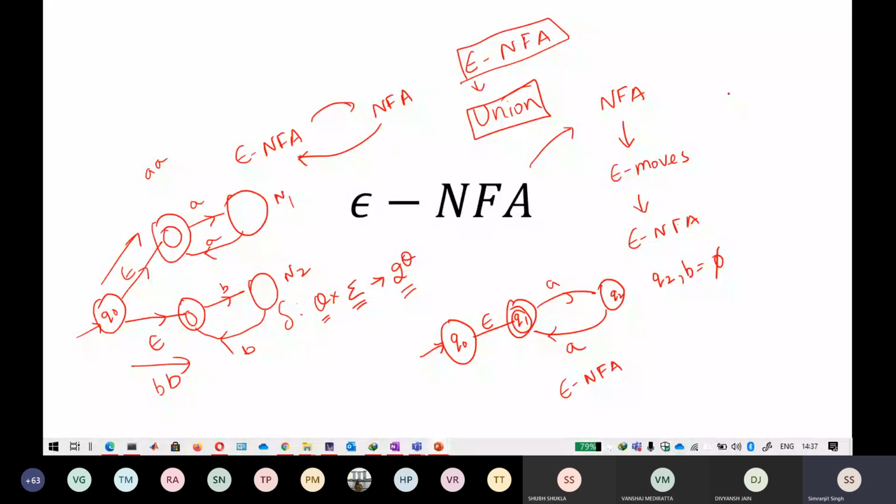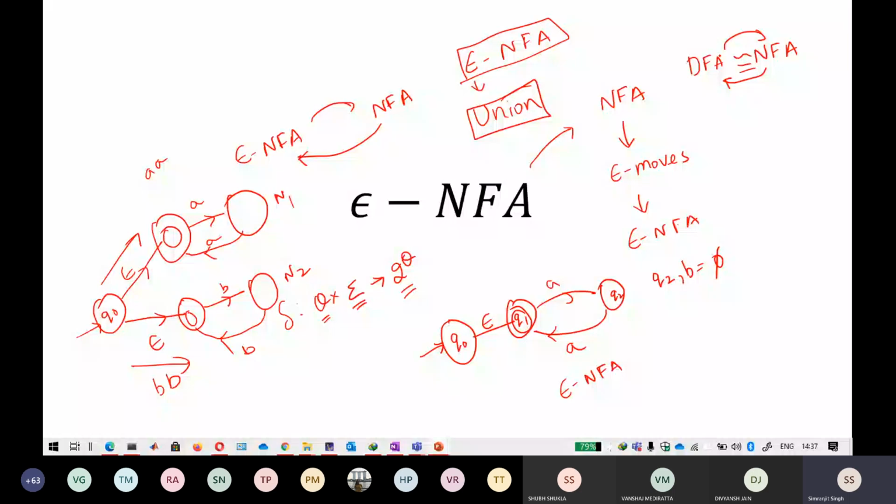If you remember, every DFA is absolutely an NFA, and every NFA can be converted into a DFA. So I say that these are both equivalent in power. This DFA is not more powerful than NFA, and this NFA is not more powerful than DFA, because they accept the same set of languages.